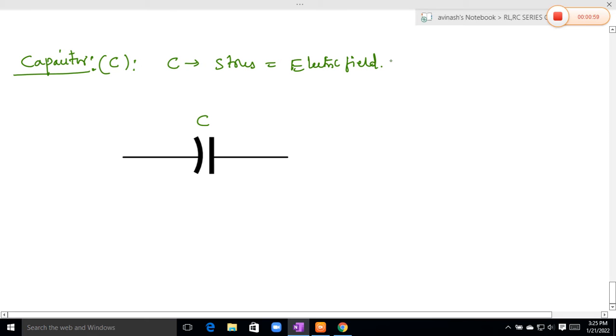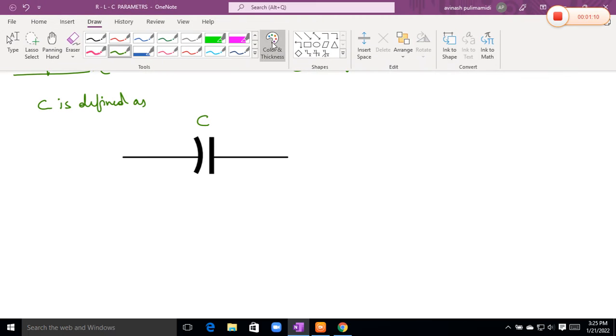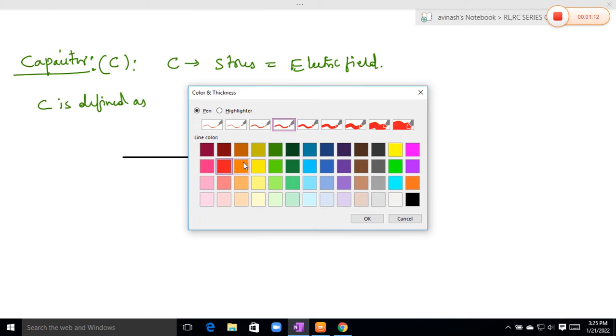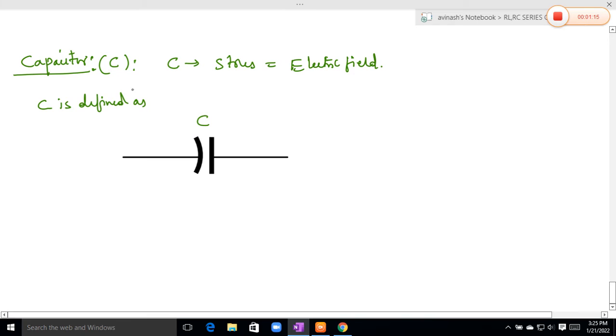Now capacitance is defined as the ratio of the charge transferred from one plate to the other plate.